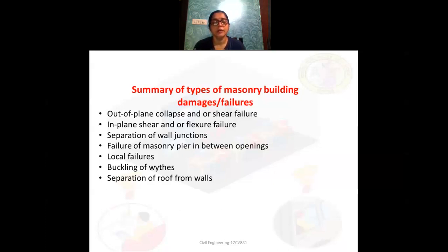The best example for that is the heavy roofed house in the previous slide, as well as the Haiti earthquake. The roof separated from the walls, and it completely crushed the building due to irregular mass distribution. So these are the types of failures that we studied in this session.